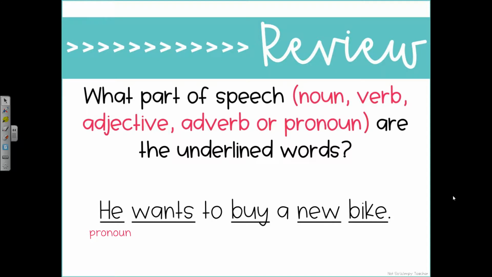He wants. So an action, what someone is doing, that is a verb. He wants to buy. That's something he wants to do. So here again is a verb. He wants to buy a new bike. New is my favorite. It's describing what kind of bike. So new is an adjective. And bike, of course, is a thing. So a bike is a noun.